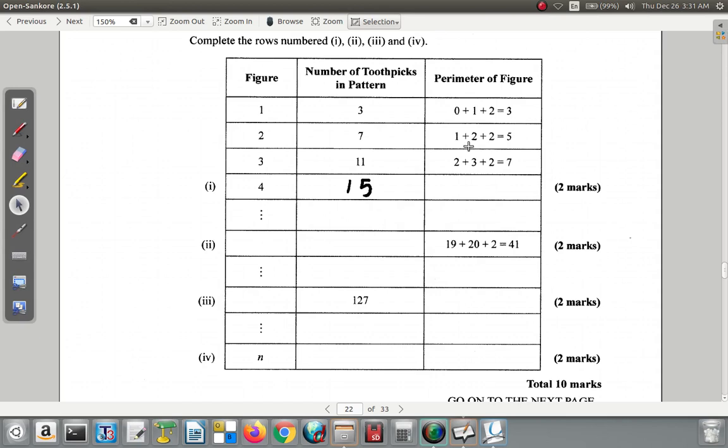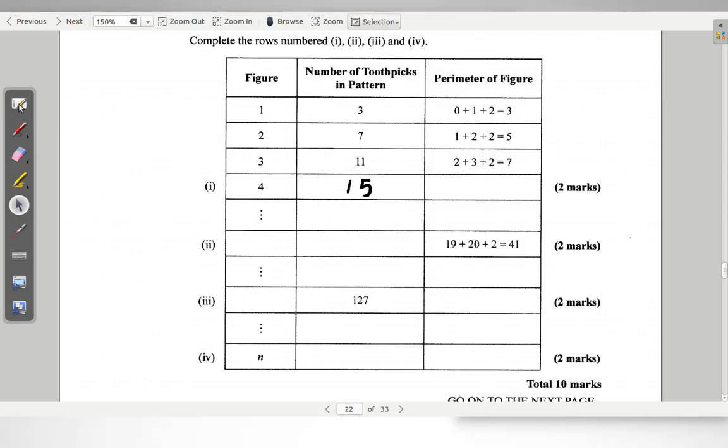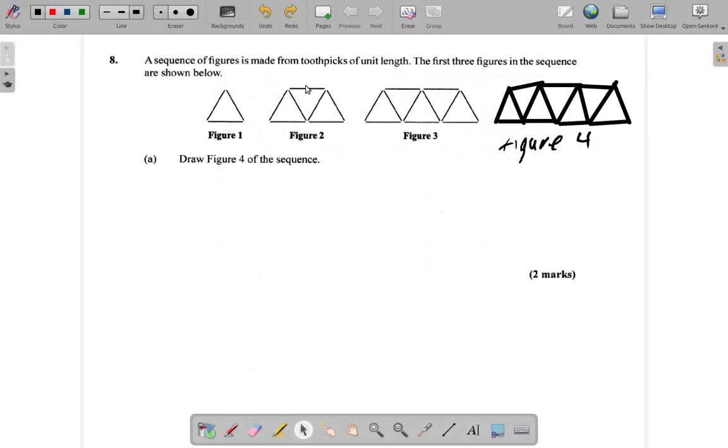Here, 1 at the top, 2 at the bottom, 2 sides. Oh, it's perimeter. Right, 1 at the top, 2 at the bottom, 2 at the sides. Good.